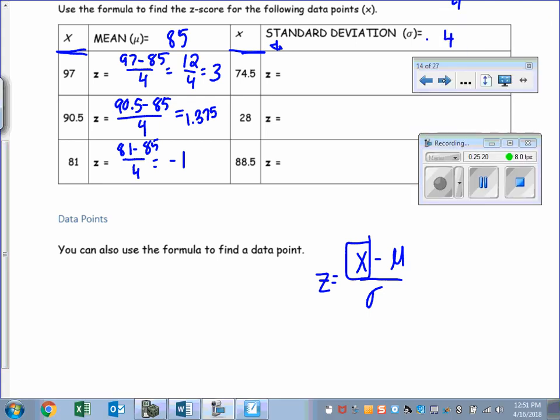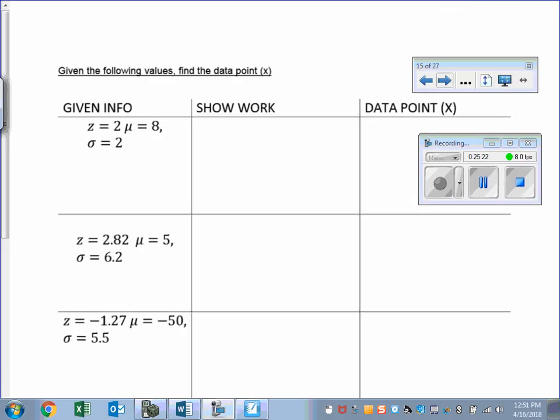Just to be sure we're on the same page, you should be on page 14 because you're going to need this information for your homework and classwork.